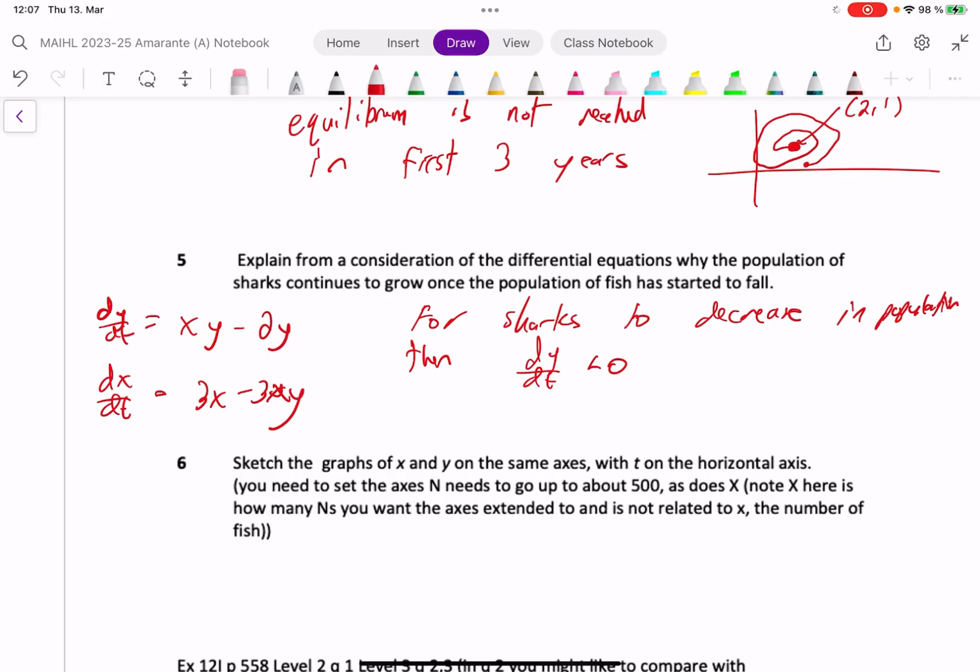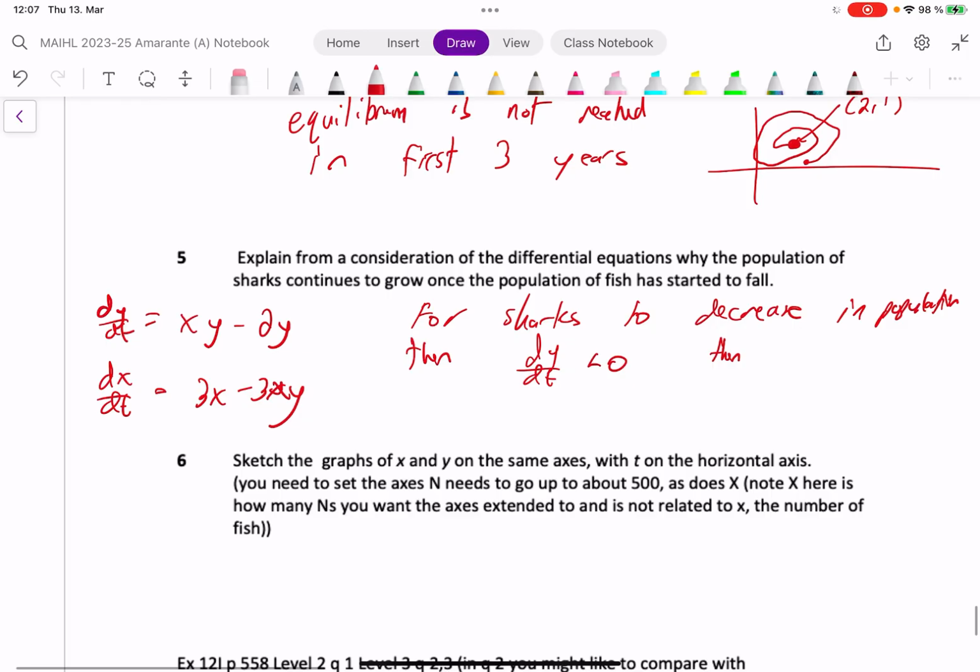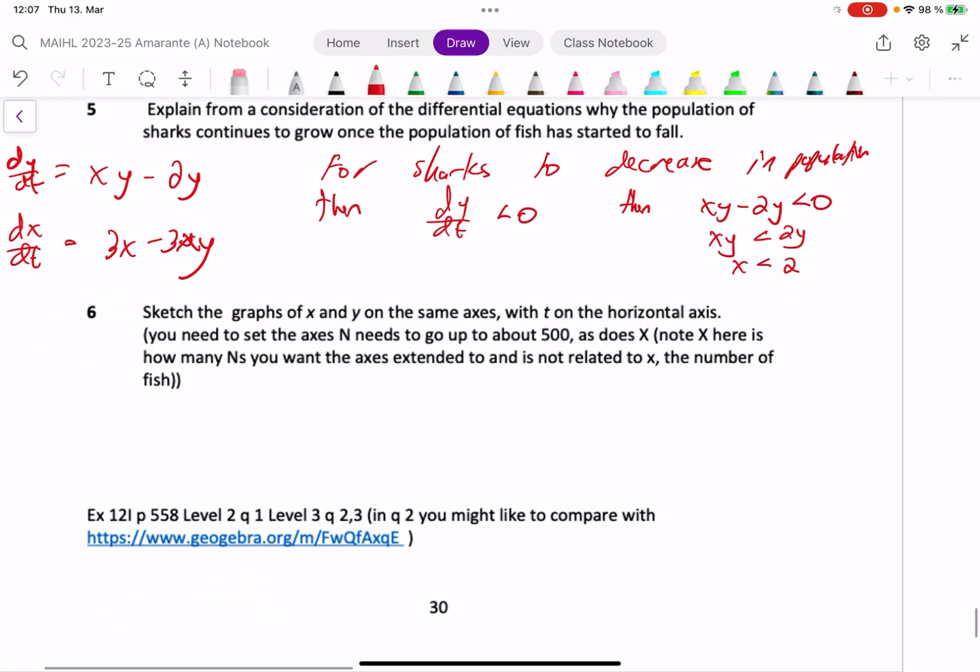Like you have to have a negative change in y. So then that would lead to xy minus 2y must be less than 0. So xy must be less than 2y, which means x must be less than 2 if I divide by y, right?